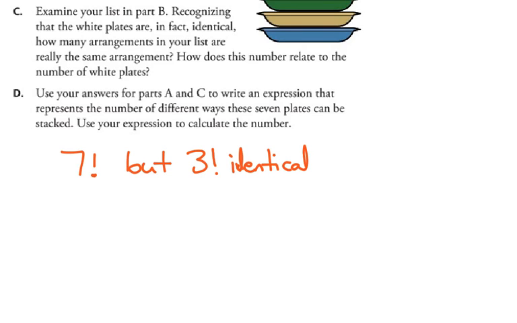To calculate this, we take our 7 factorial divided by 3 factorial. We'll divide by our repeated set.